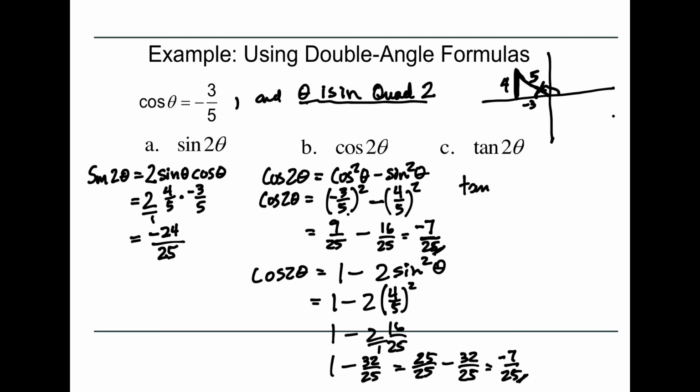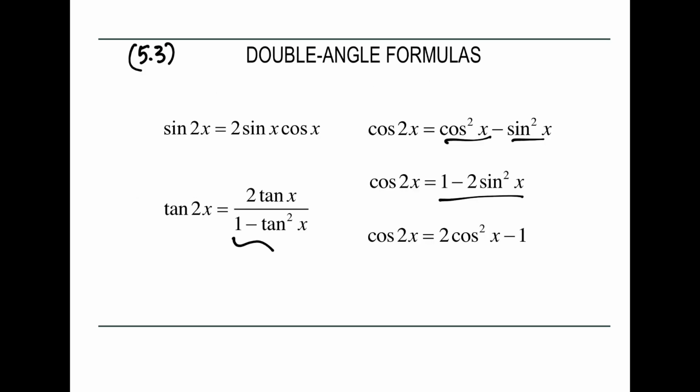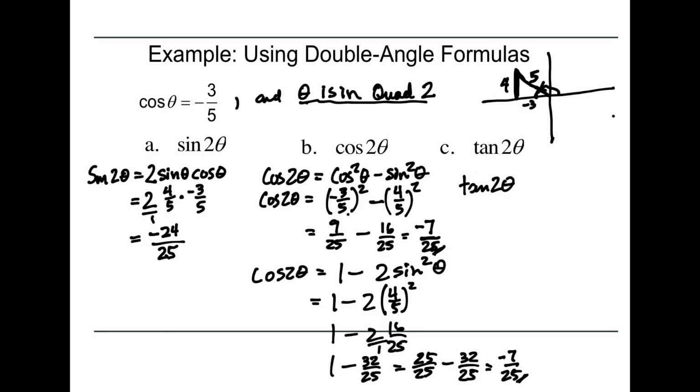All right, what about the tangent of 2 theta? The tangent of 2 theta is 2 tangent theta over 1 minus tangent squared theta. Well, tangent is opposite over adjacent, TOA. So that's 4 over negative 3. So this would be 2 times negative 4/3 on top.